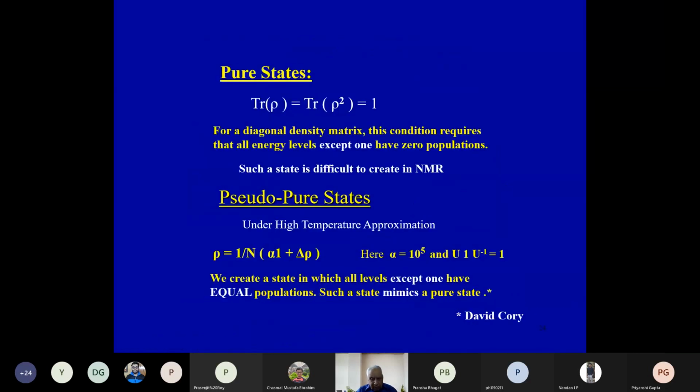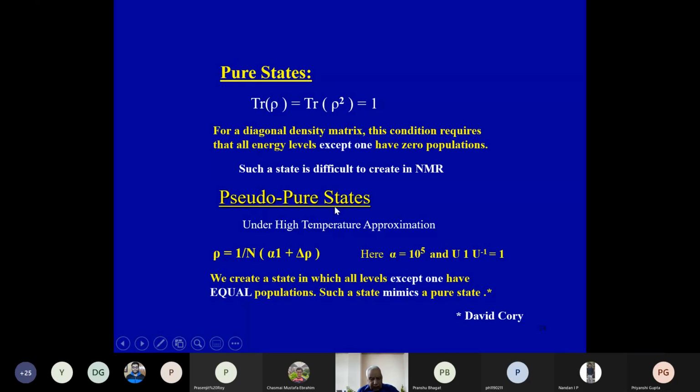But the story is not over. We need pure states, which means if you look at the density matrix of the system, then trace rho and trace rho square should be 1. For a diagonal density matrix, this condition requires that all energy levels except one have zero populations. Such a state is difficult to create in NMR. David Cory from MIT came up with a clever idea, saying we will not have pure states, we will create pseudo-pure states.